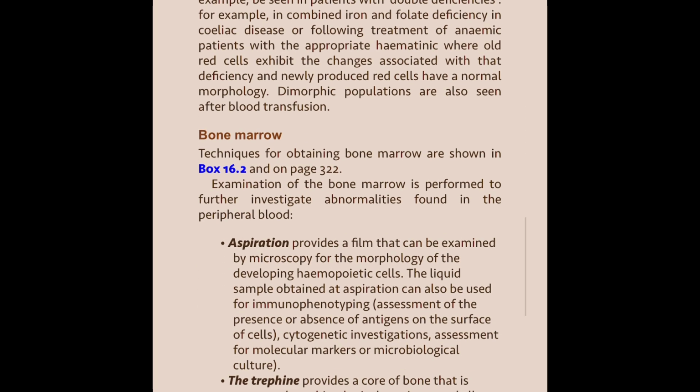Aspiration provides a film that can be examined by microscopy for the morphology of the developing hematopoietic cells. The liquid sample obtained at aspiration can also be used for immunophenotyping, assessment of the presence or absence of antigens on the surface of the cells, cytogenetic investigation, assessment of molecular markers, and microbiological culture.